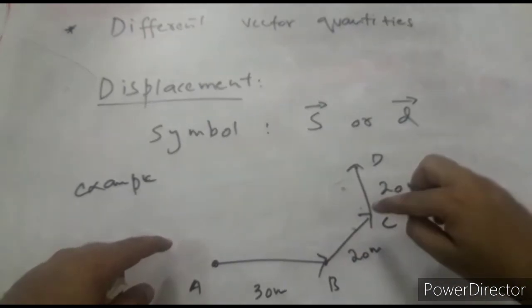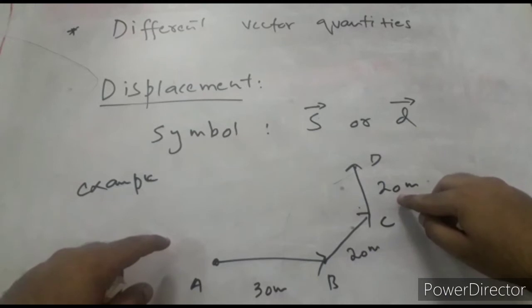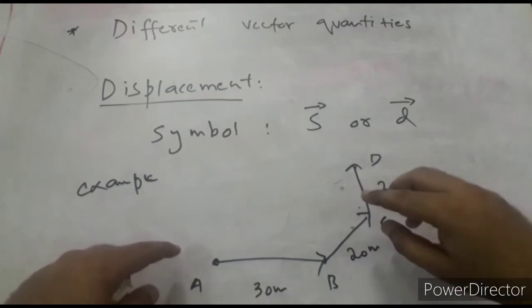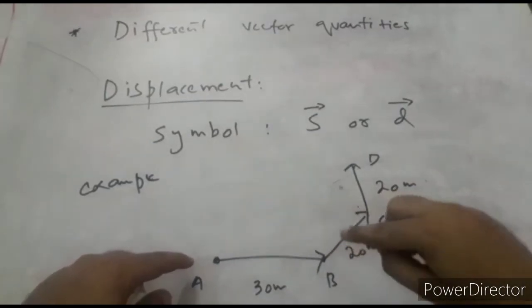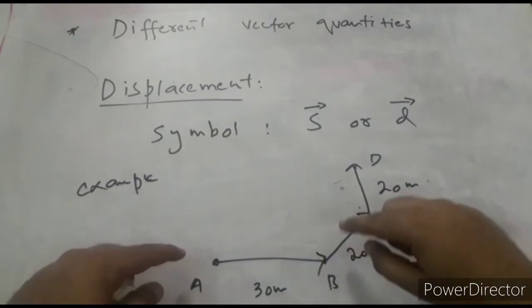And from C it moves towards the point D. Again it moves 20 meters. So we can see that other than the force in displacement, we have to start the next vector from where the first vector ends. That's why we're discussing the different vector quantities.